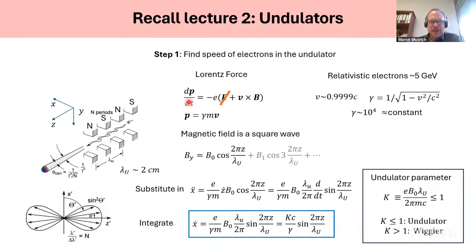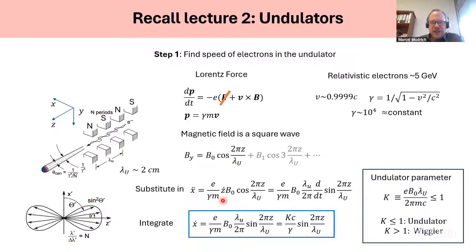The force is equal to the derivative of the momentum, and momentum for relativistic electrons is given by this formula. By assuming a periodic magnetic field acting along the y direction, of course the magnetic field is not a perfect sine or cosine function, but for an undulator where the amplitude of undulation is rather small, this is quite a good approximation that the magnetic field can be taken as a cosine.